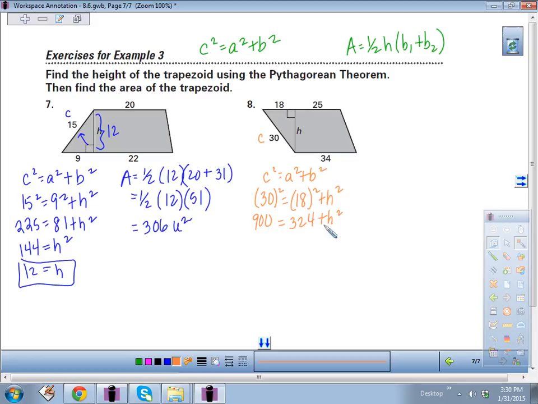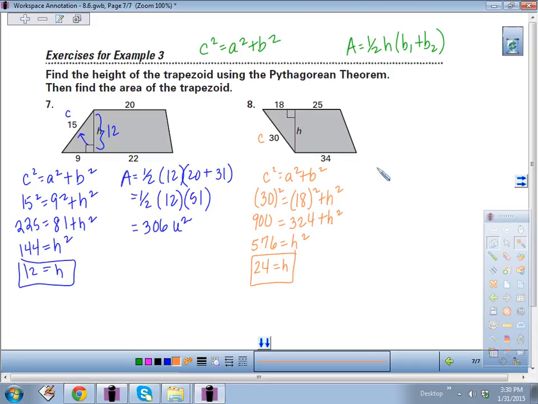That's the height squared. And so we'll subtract 324 from 900, and we get 576 equals that height squared. So again, to find just the height, we'll square root each side, and we get the height to be 24 units.